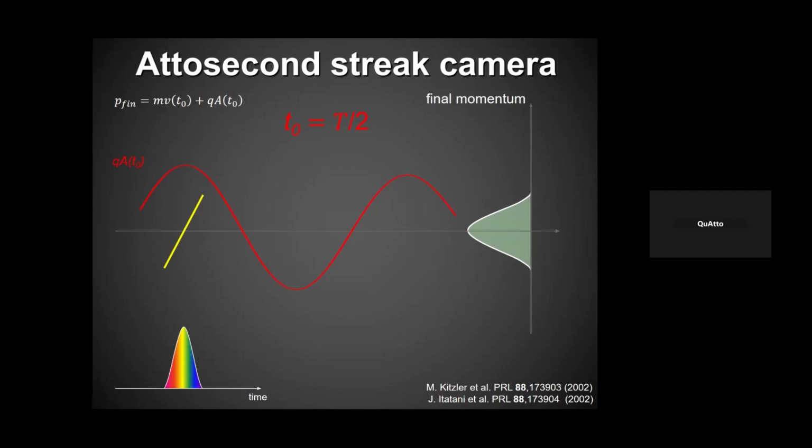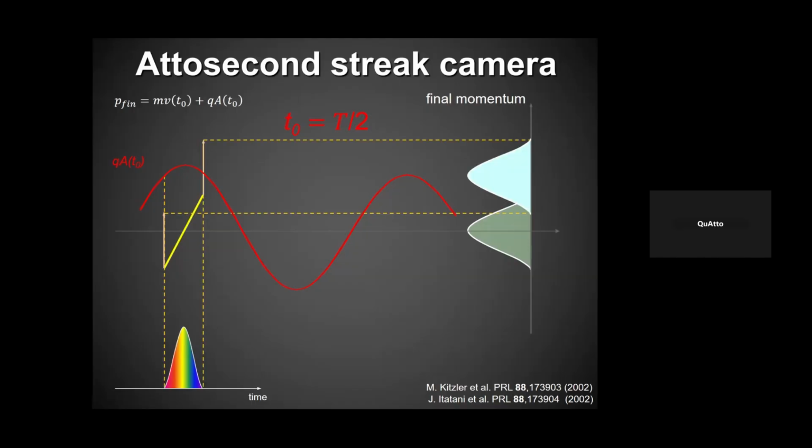Because of this equation, the action of the vector potential is to add a kick in the momentum space. So let's consider, for example, here we have a positive kick because the vector potential here times the charge is positive. So this photoelectron distribution will be upshifted by a quantity proportional to the charge times the vector potential here. Okay.